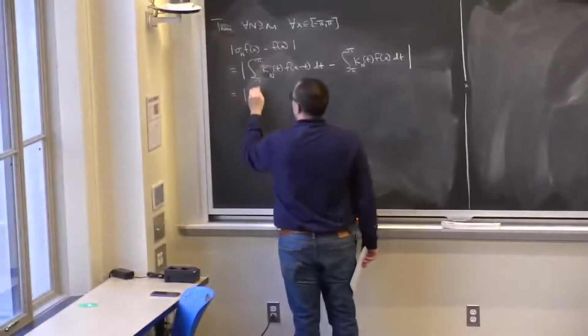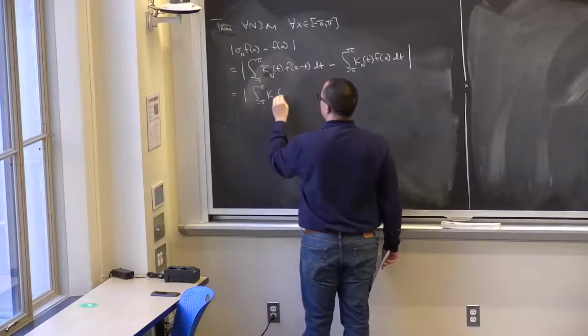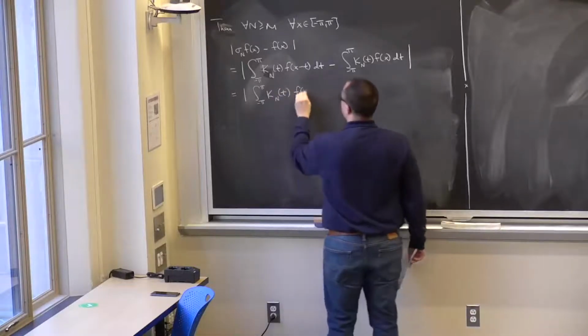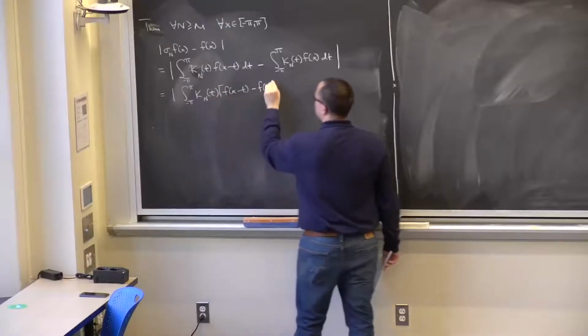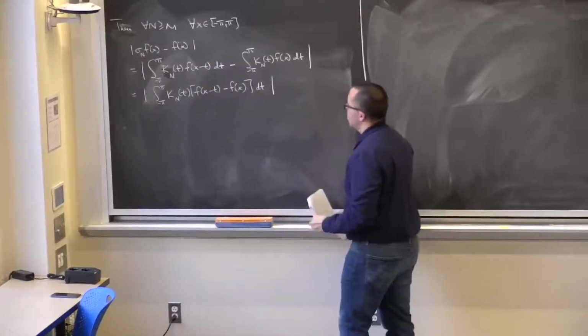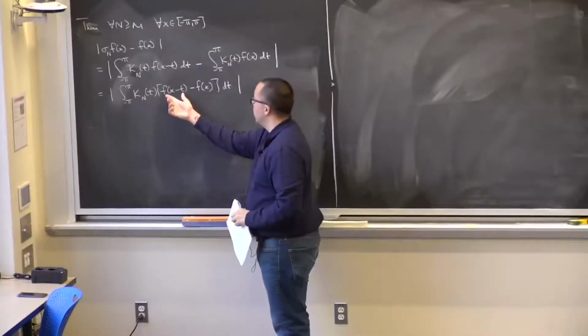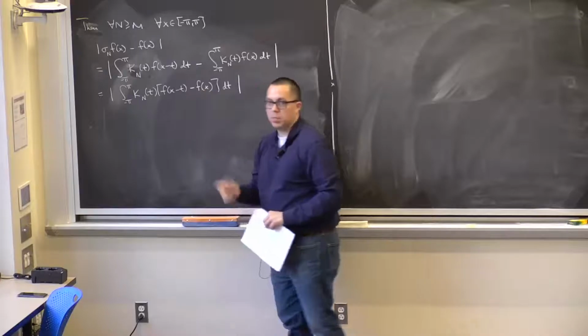And this equals the integral from minus pi to pi. So just combining things, kn of t times f of x minus t minus f of x, which is good because we have a continuous function, and now we have something inside that looks like I'm subtracting f of some argument minus f of the argument minus something.